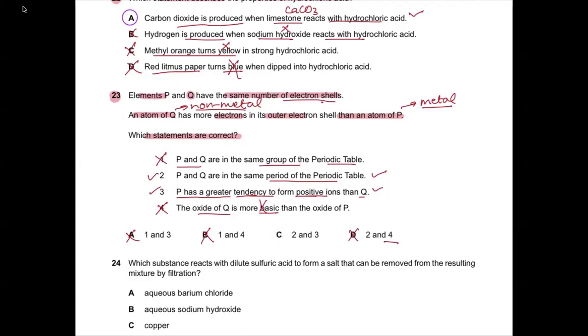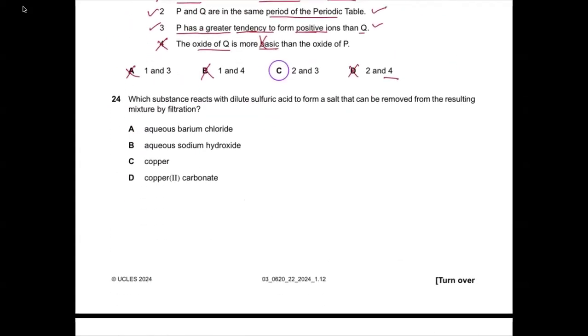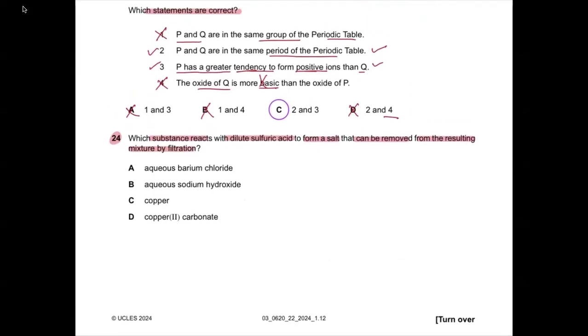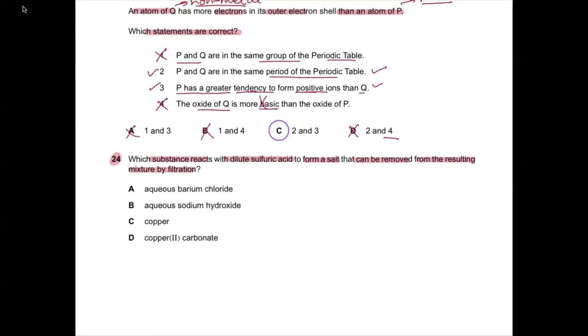Now, MCQ number 24. Which substance reacts with dilute sulfuric acid to form a salt that can be removed from the resulting mixture by filtration? So it means if we have to remove the salt by filtration, it's a precipitation method and the salt must be an insoluble salt.